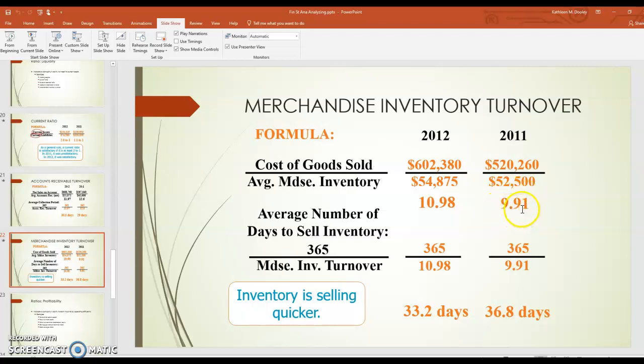10 times per year. So since it's happening more often, it's going in the right direction. Now, is this a good number?